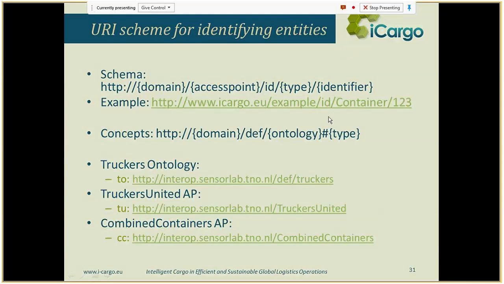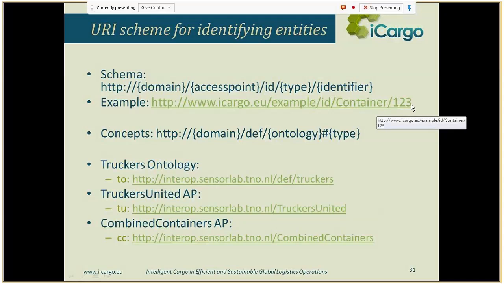As an example here, first of all, we have a domain, so the server name where the access point is hosted, and the name of the access point in case we want to host multiple access points at the same server. Then to indicate that it's an identifier, we have the ID.